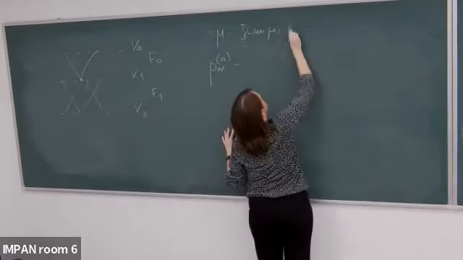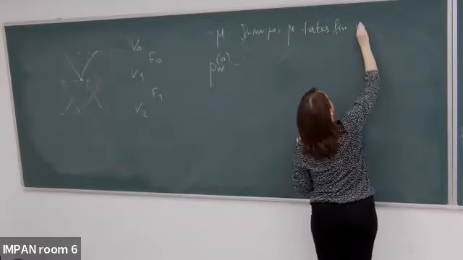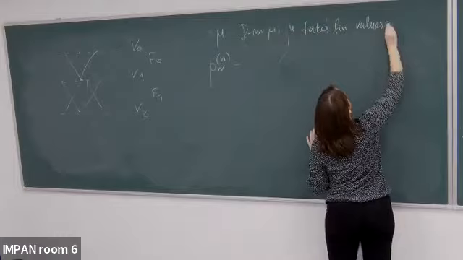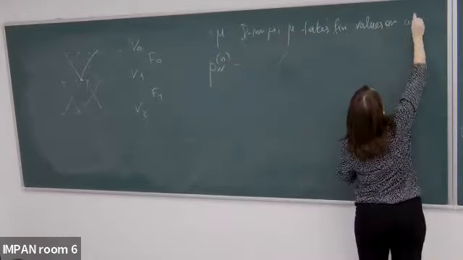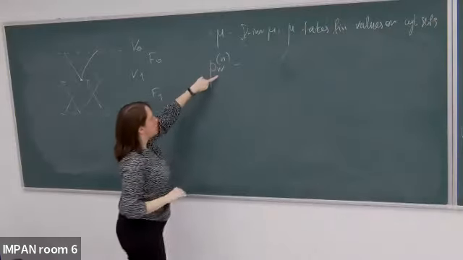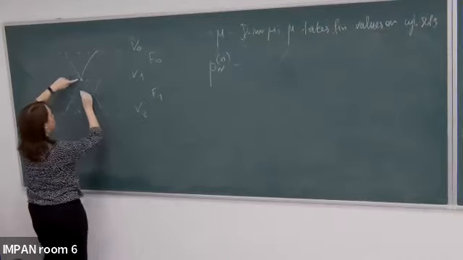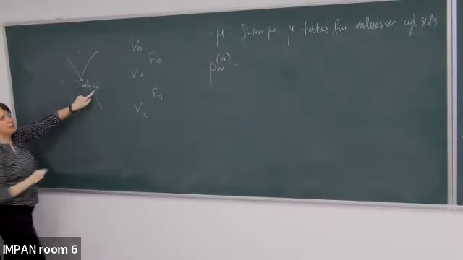So we assume that mu takes finite values. In particular, it is sigma finite. And you know, the measure of a cylinder set which ends in the vertex w on level n.